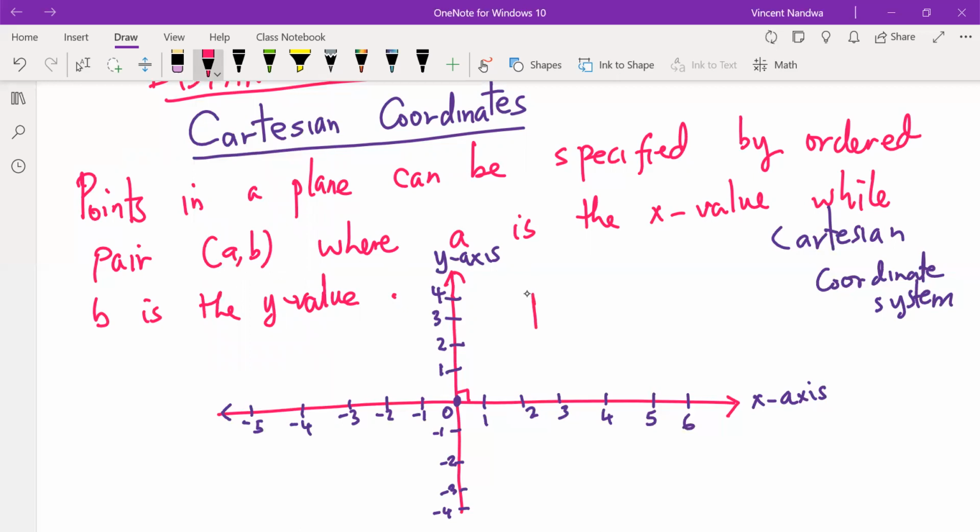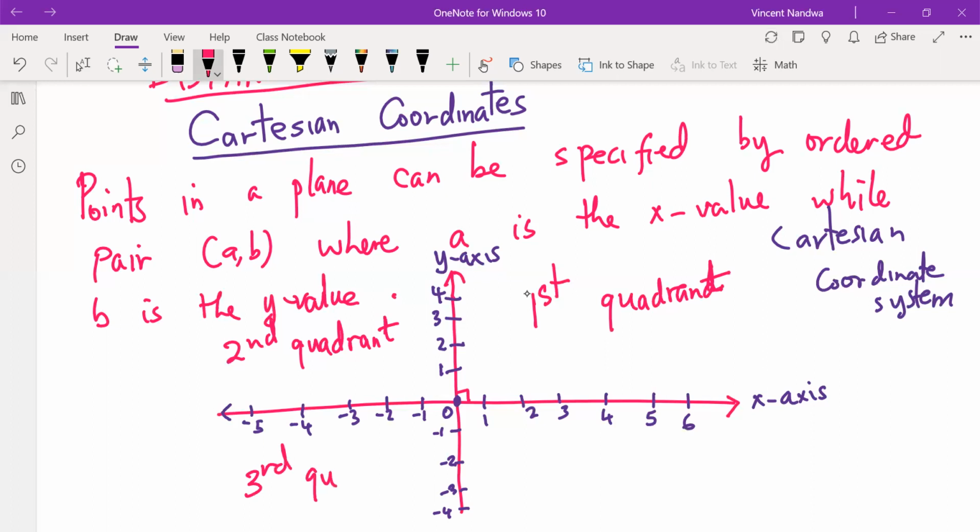So this is what we call first quadrant. This is what we call second quadrant. This is what we call third quadrant. And this is what we call fourth quadrant.